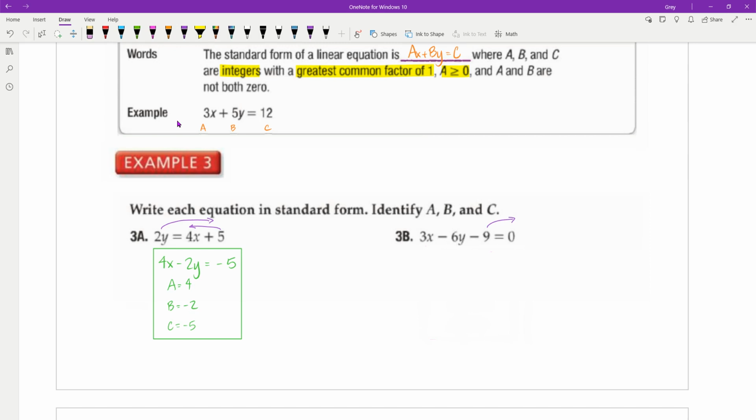So when I divide everything by 3, 3 divided by 3 is 1x, 6 divided by 3 is 2, and 9 divided by 3 is 3. So that makes my equation x minus 2y equals 3, which means a is 1, b is negative 2, and c is 3. I know y'all think that's pretty easy.